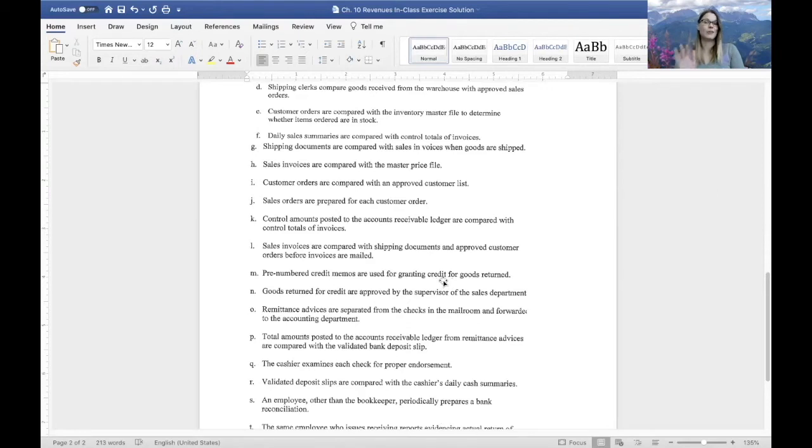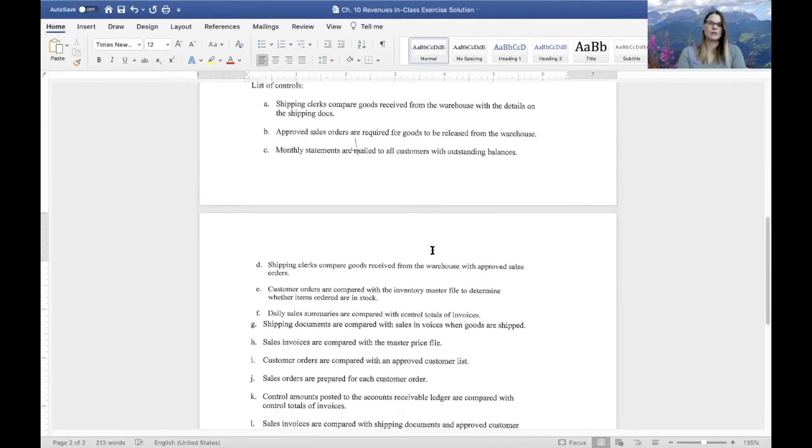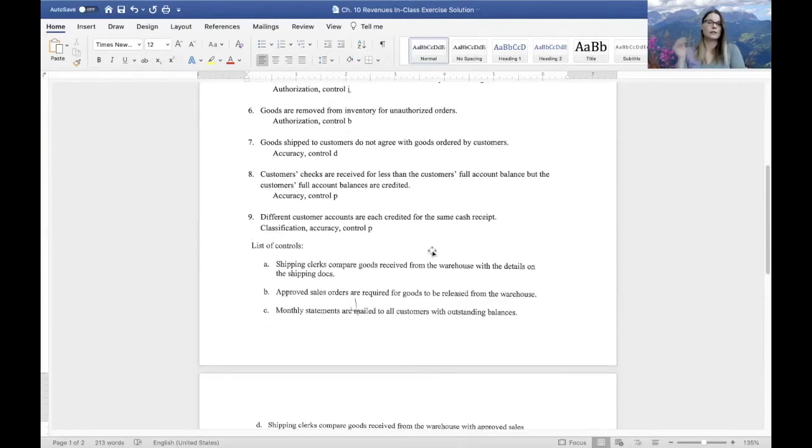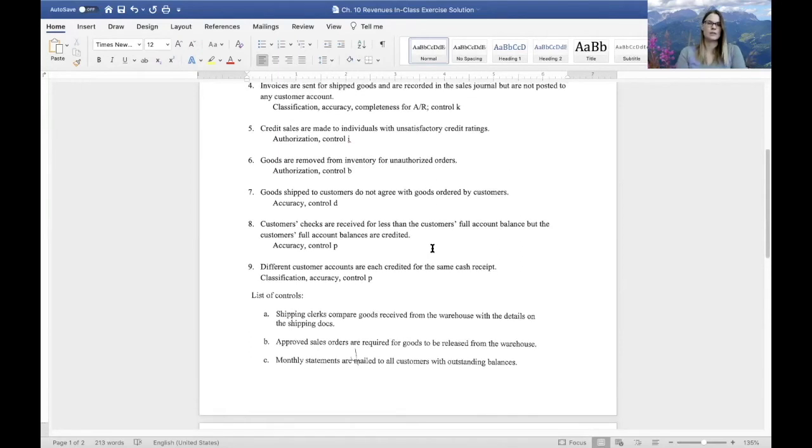It's that kind of credit. It's not that we are authorizing them to extend credit to them like an accounts receivable balance. We're okay with giving them an accounts receivable balance. So two totally different types of credit and uses of the word credit. So definitely making sure you have a good handle on the different types of documents in the process is extremely key here.